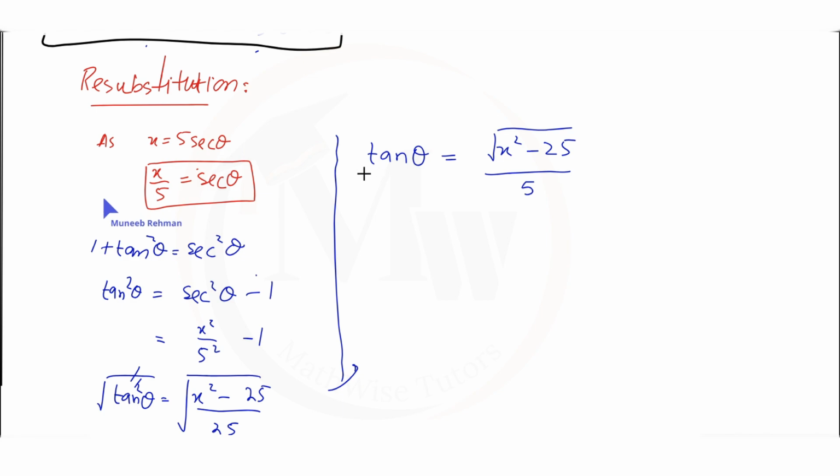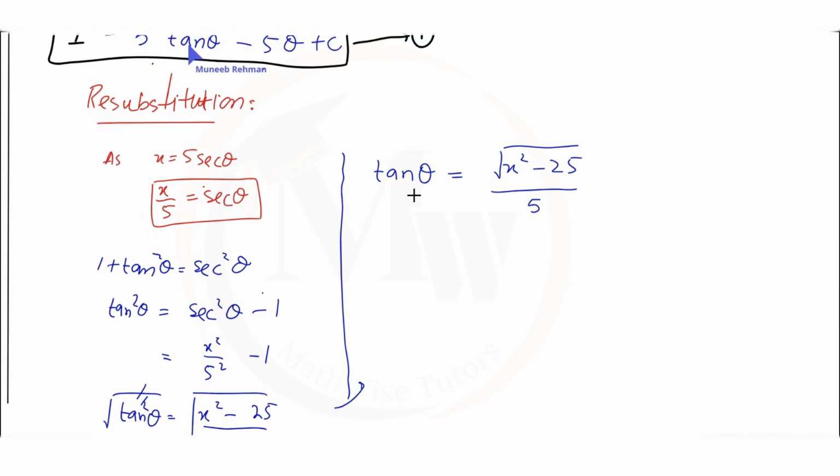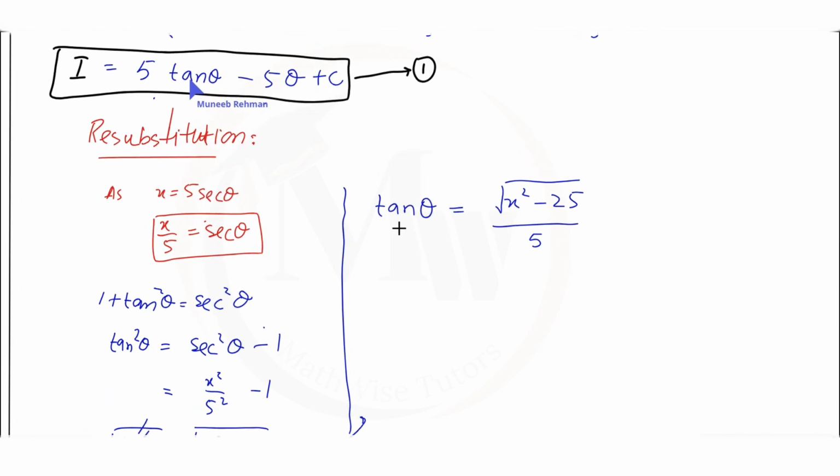Is this the only one which we need to find and plug in the final answer? Do we have to plug only tan theta here? We also need to plug the theta value here, right? So in the place of tan theta we'll plug this function, but what about theta? If you want to find theta only, you take tan on the other side. But if we take a trigonometric function without angle, then it becomes inverse.